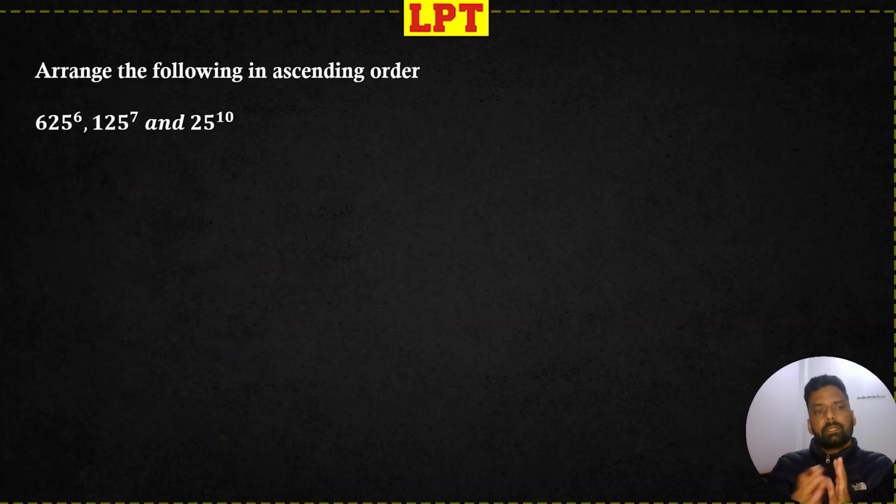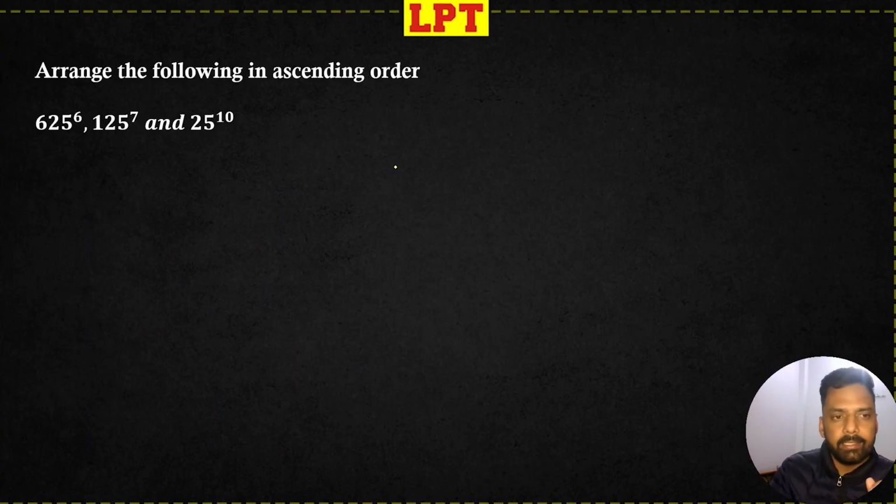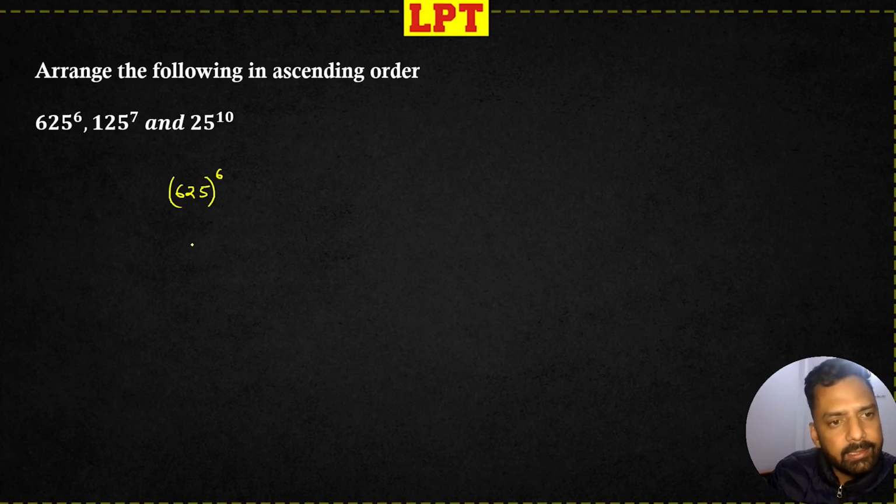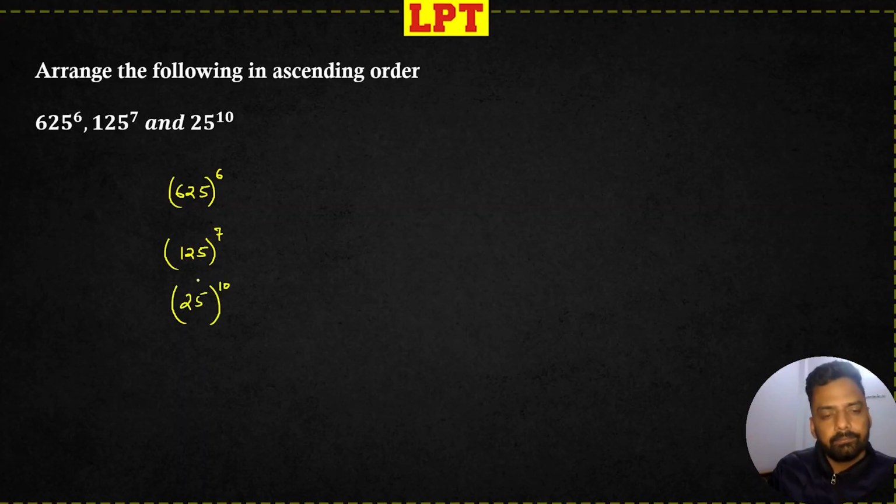Guys, next is also a very important case where you have to compare these indices. So I have 625 to the power 6, then I have 125 to the power 7, and it is 25 to the power 10.